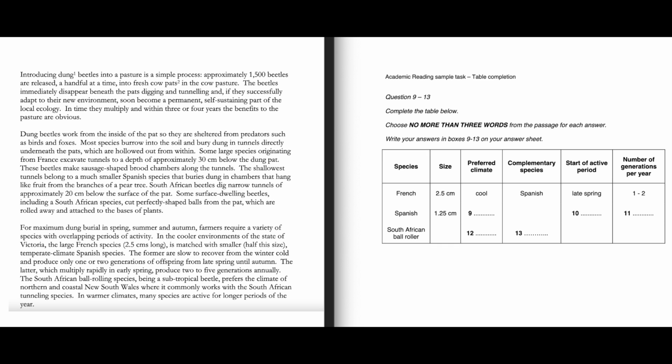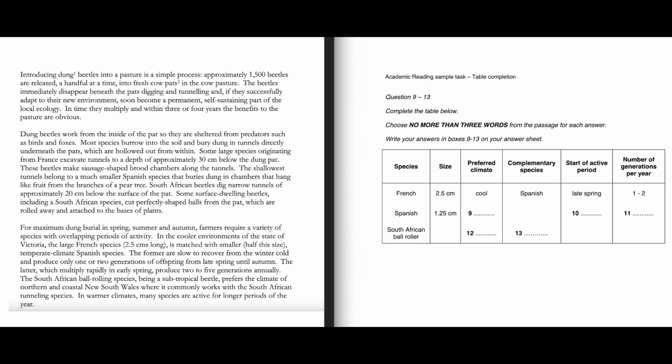As I said while explaining how to solve this question type, you have to focus on the meaning of the words, because they might not use the same word, but they will say the sentence in a different way which would mean the same. In the question they are looking for the active period for the Spanish species, but in the paragraph they say that they multiply rapidly in early spring, which means the same.